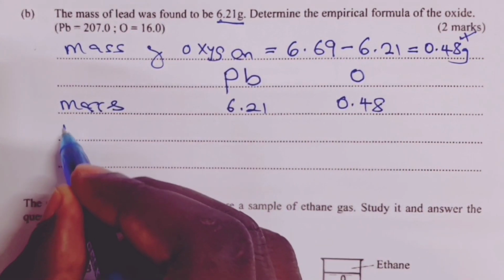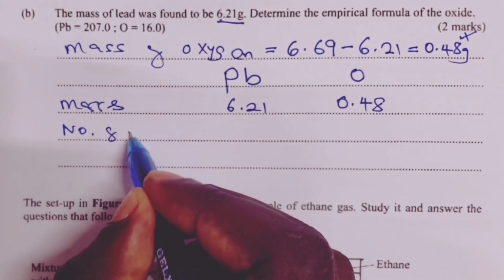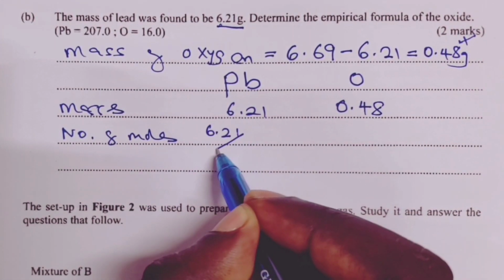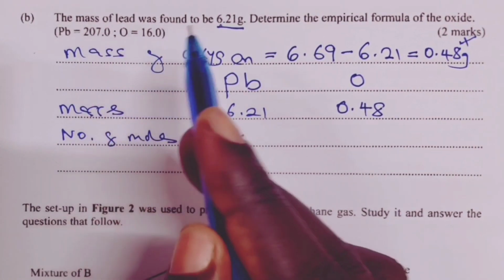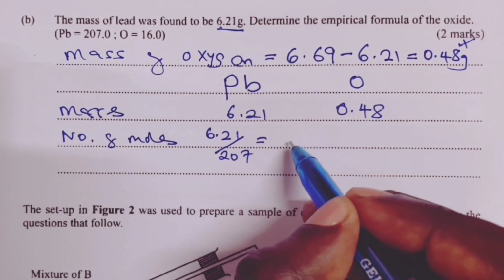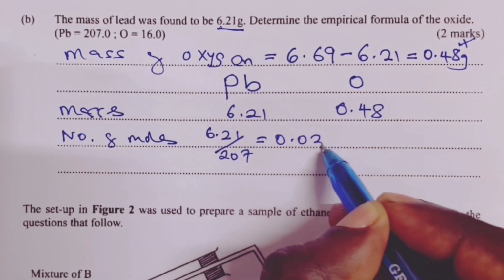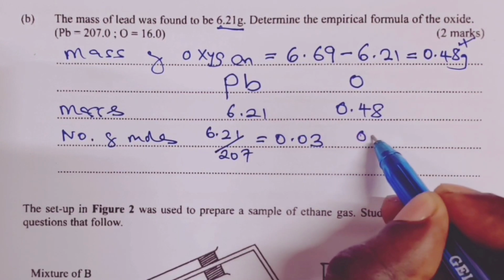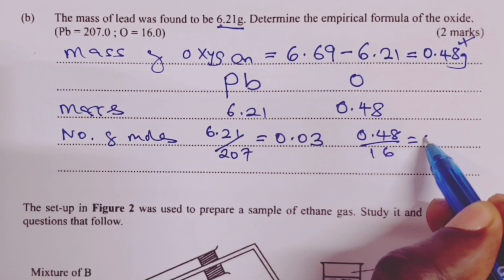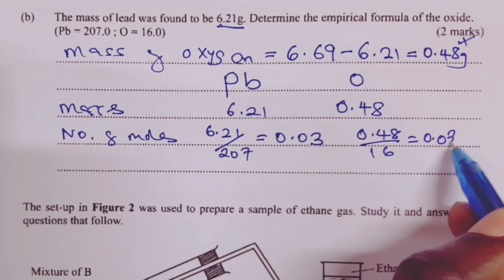From here, we'd go ahead to calculate number of moles. For lead, we would divide the mass by the RAM, which is given here as 207, to give us number of moles of 0.03. For oxygen, we would have 0.48 by 16. Again, this gives 0.03.